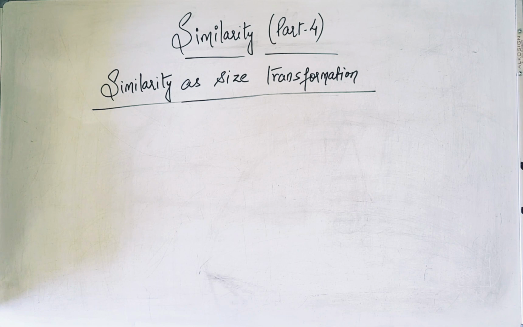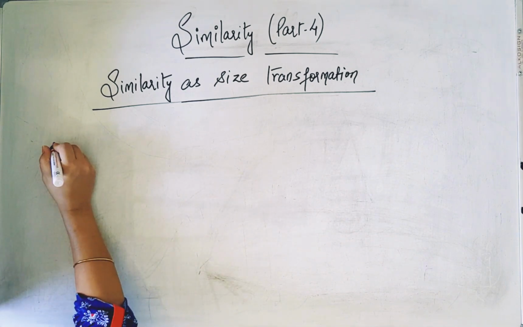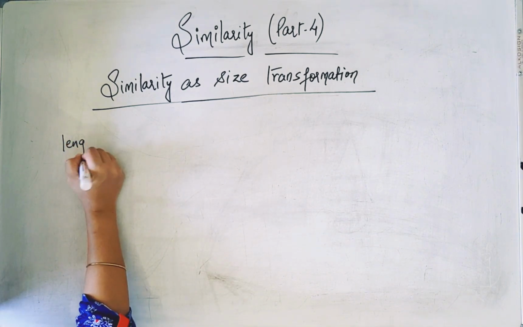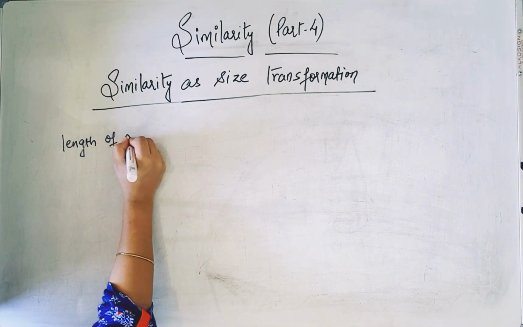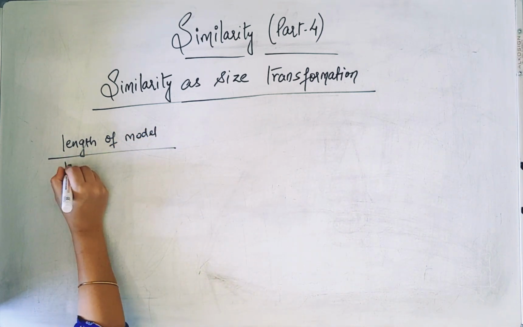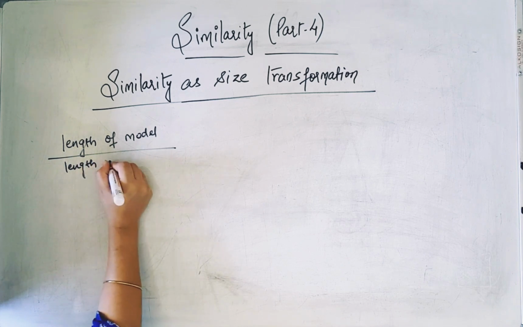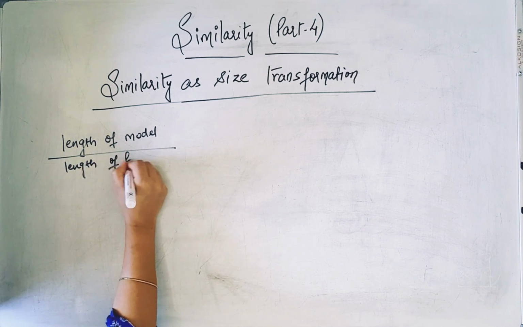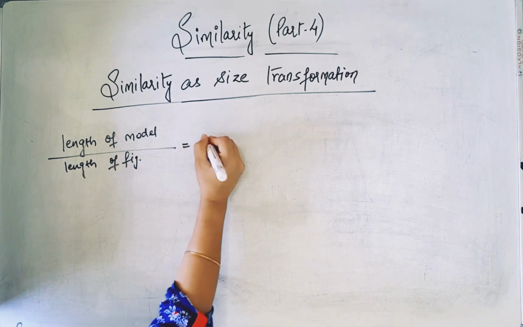So till now we have discussed the transformations related to length, breadth, height. If we have to calculate the transformation related to length, that means length of model, or breadth of model, or height of model, length of model by length of figure, this will be what?